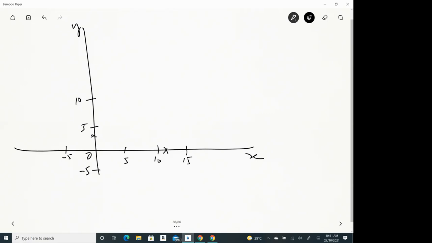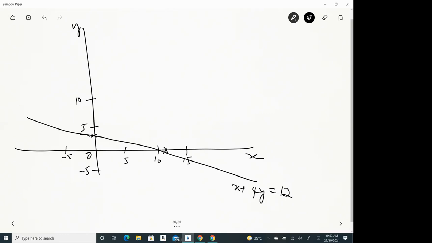Is that right? When I draw this, you check yours and let me know, probably I make an error. So this is x plus 4y equal to 12.